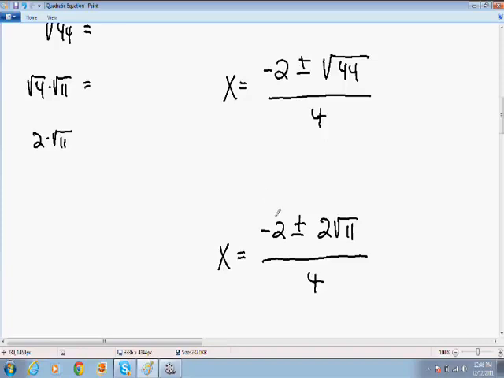We have 3 terms: a negative 2, a 2 square root of 11, and a 4. And if you notice, all those 3 terms have a common factor of 2, because negative 2 can be divided by 2 easily, 2 square root of 11 can be divided by 2 easily, and 4 can be divided by 2 easily. So since they all have a common factor of 2, we need to simplify this even more.